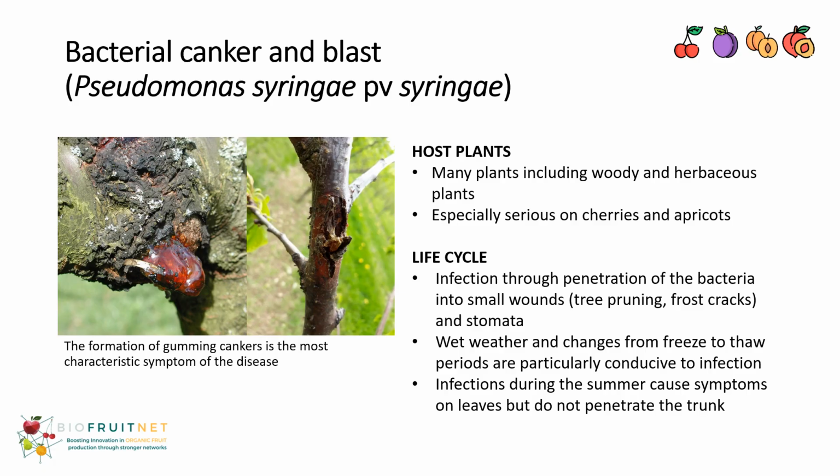The infection by the bacteria happens through penetration into small wounds via tree pruning and frost cracks, and stomata. Wet weather and changes from freeze to thaw periods are particularly conducive to infection. Infections during the summer cause symptoms on leaves but do not penetrate the trunk.